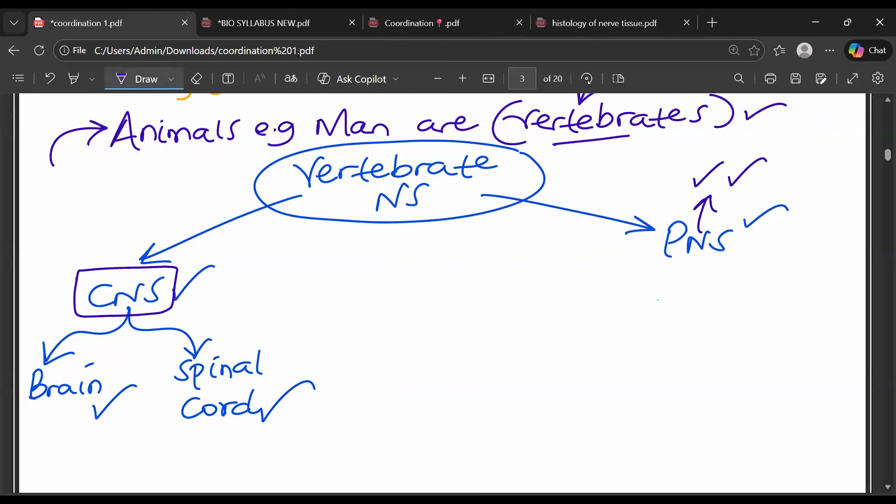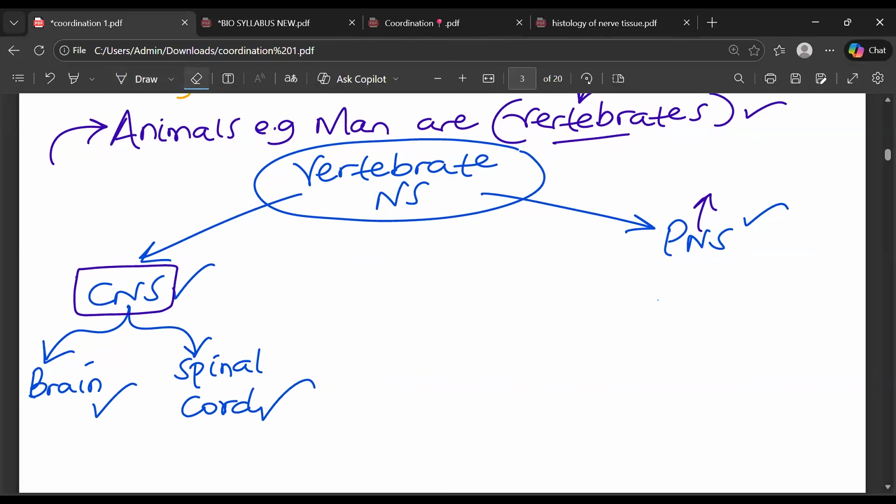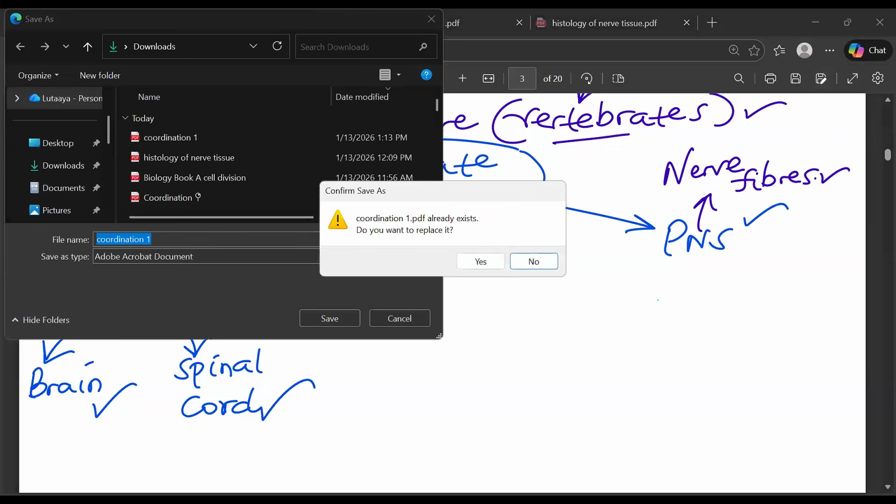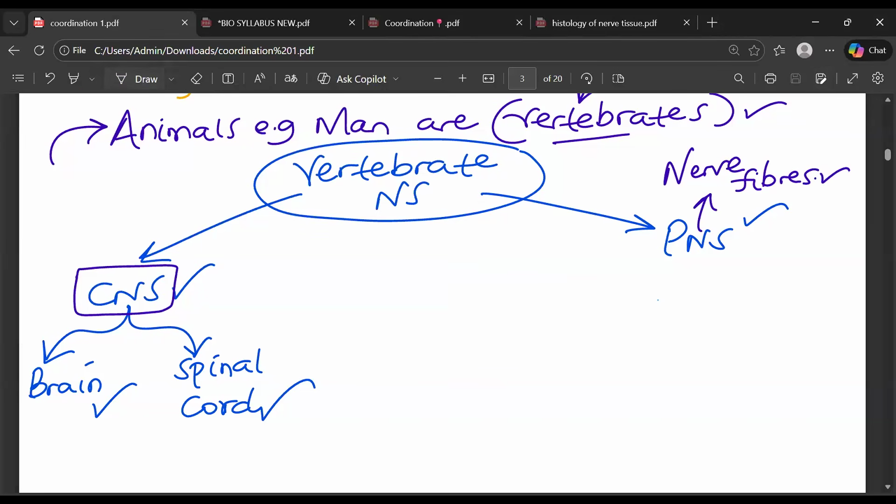And you saw why. It's basically the nerve fibers. So that's basic information that you need. Even when you progress, you just need to remember one thing. PNS, they are nerve fibers, sensory and motor. Then the rest of the coming information will just be flowing.